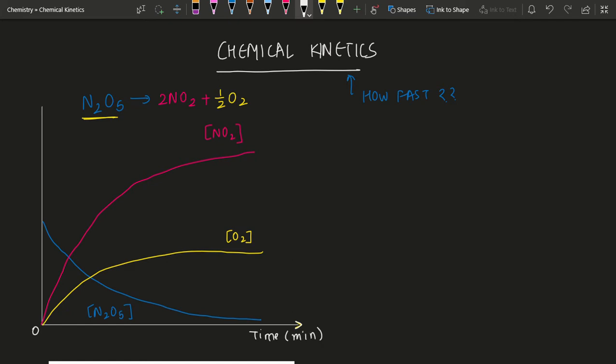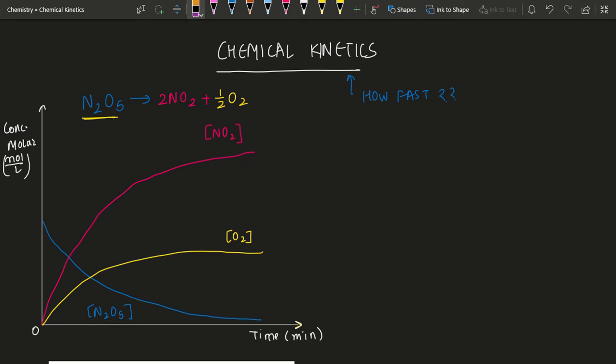And here you take the concentration in molars. Molar is just mole per liter. What you're basically plotting is, as time moves forward, how much of nitrogen dioxide is being formed, how much of oxygen gas is being formed, and how much of nitrogen pentoxide is getting used.